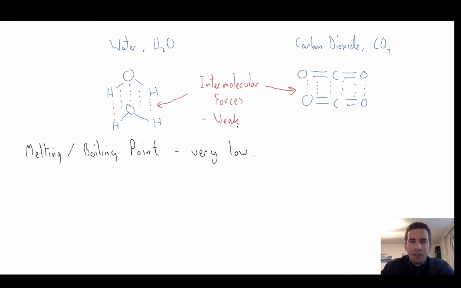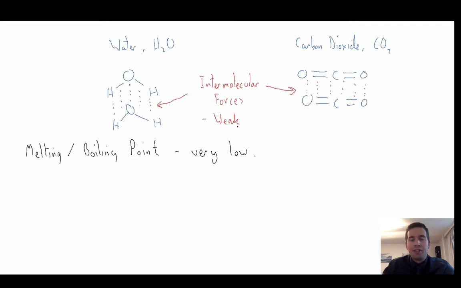Now these intermolecular forces are weak in comparison to proper bonds, covalent bonds, or ionic bonds. So therefore it does not take as much energy to break them. Hence, the melting or boiling points are lower. Okay, these are the step-by-step phrases you need to be including in answers about melting and boiling points.